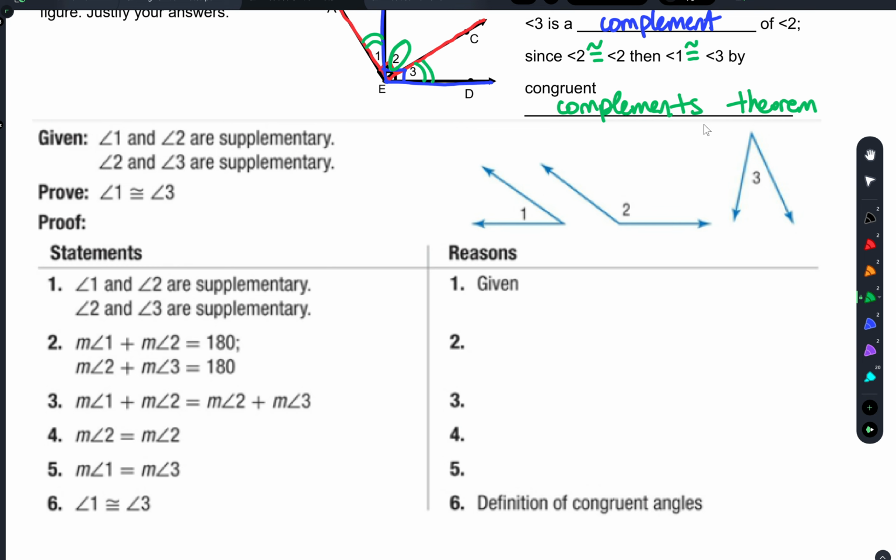And we can see that happening in step 2 here. I go from the word supplementary to, okay, what does that mean? It means angle 1 plus angle 2 equals 180. It means angle 2 plus angle 3 equals 180. That is the definition of supplementary angles.